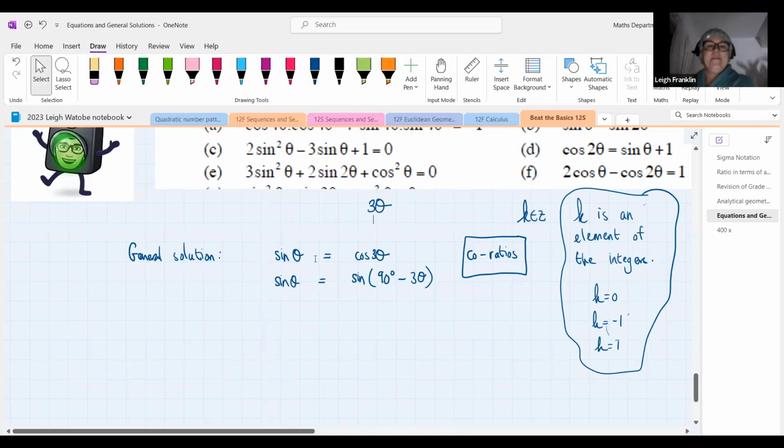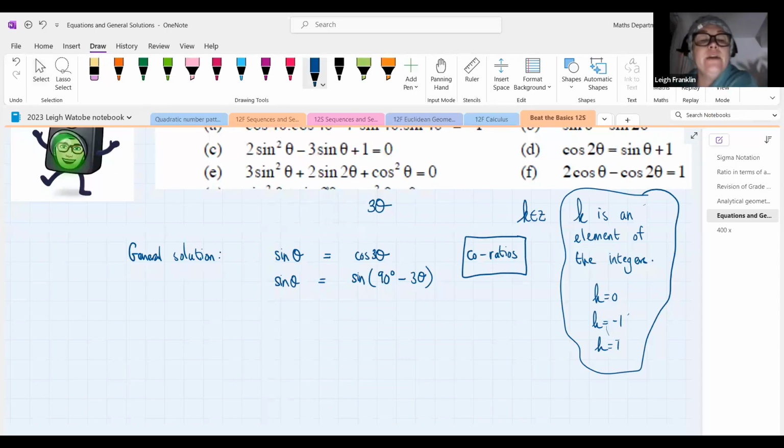Yes. So when you have a question like this, what you can do is treat the angle on the right-hand side as your PAA. So your PAA would be 90 minus 3 theta, and this is the angle that you are going to work with. Again, this is positive, so in terms of your CAST diagram, you are going to be working in quadrants 1 or 2.